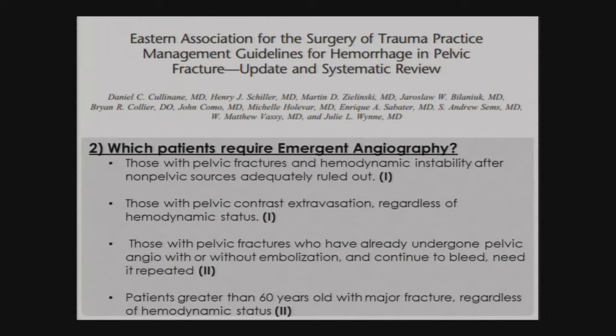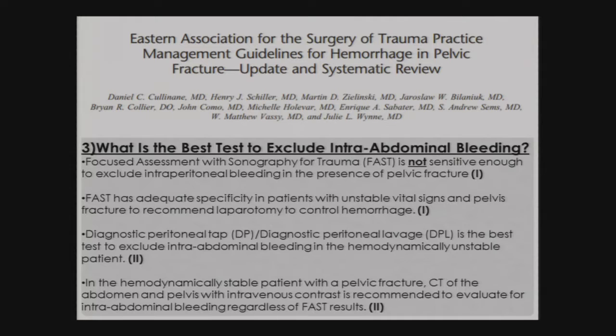Number 3, what's the best test to exclude intra-abdominal bleeding? A FAST exam is not sensitive enough to exclude the presence of intraperitoneal bleeding with a pelvic fracture. That's the main point of this. This, I think, took up about 3 pages of the article. But if you do have a positive FAST, it has adequate specificity to recommend laparotomy, even in the presence of pelvic fracture, to control hemorrhage.